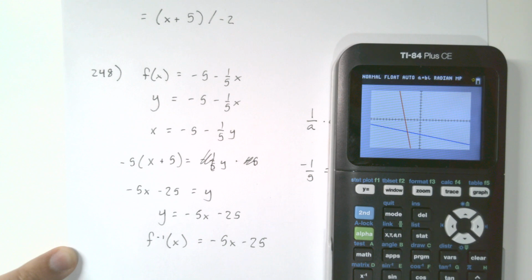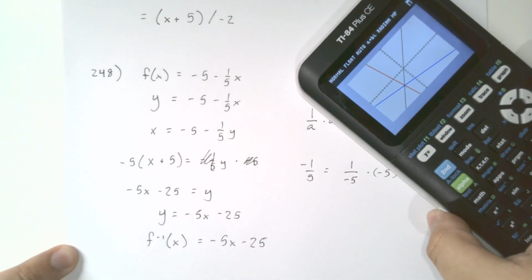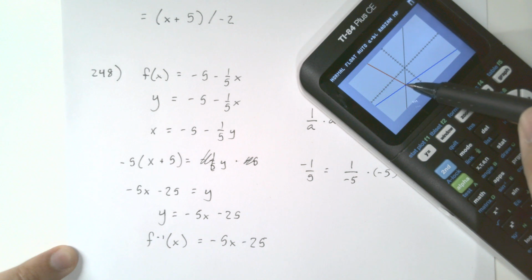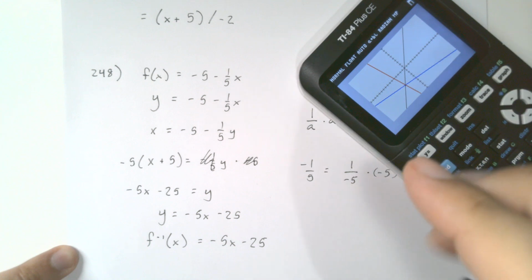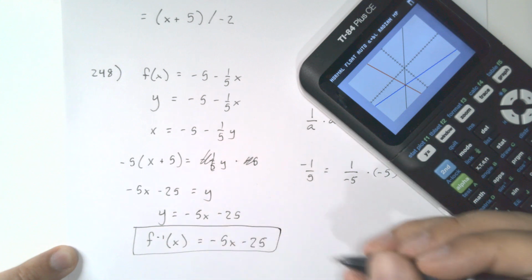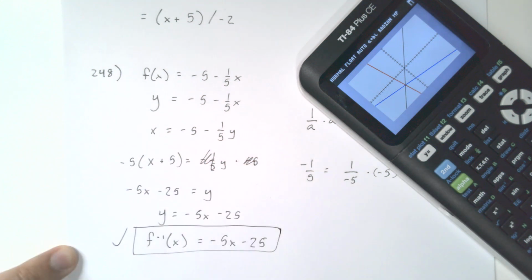And there we go. So these functions are inverses because they make a mirror image with their graphs, and when they do intersect, it is always along this black line here. This line, again, is y equals x. And so, confirmed, this is our inverse function.